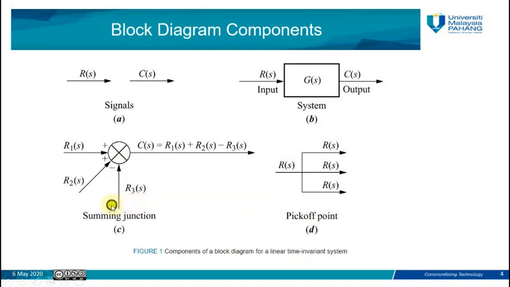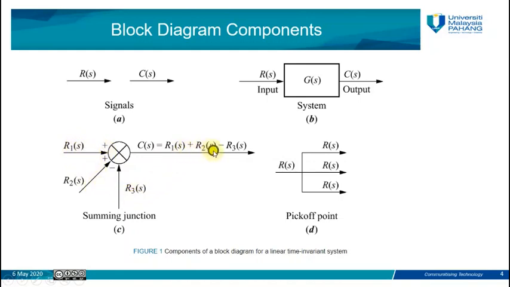So we can see here the summing junction. This summing junction has multiple inputs and converts them into one output. So we have R1, R2, R3, three inputs in this case. And the output represents the algebraic sum of these three inputs. So R1 is positive, R2 is positive, R3 is negative.